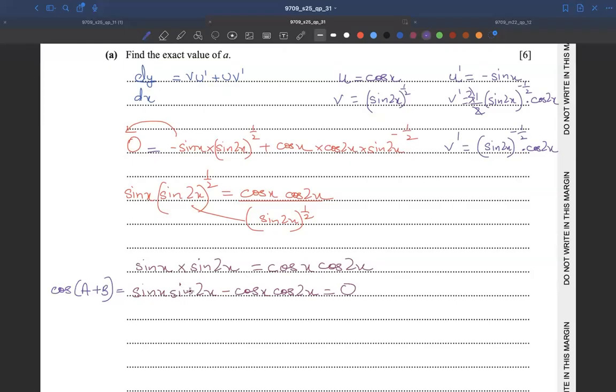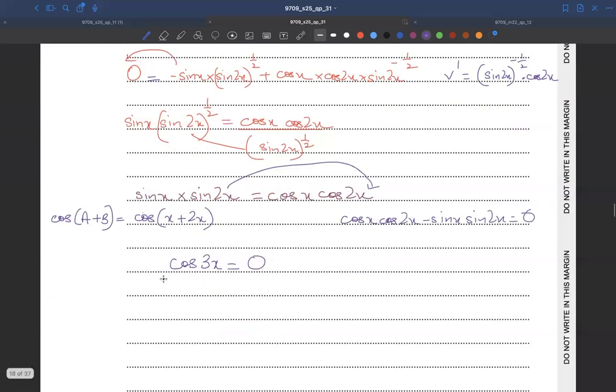We can rearrange it and write it as cos of x cos of 2x minus sine of x sine of 2x equals 0. And now when we compare it with cos of a plus b, this will be written as cos of x plus 2x. So this will be equal to cos of 3x, and that is equal to 0.